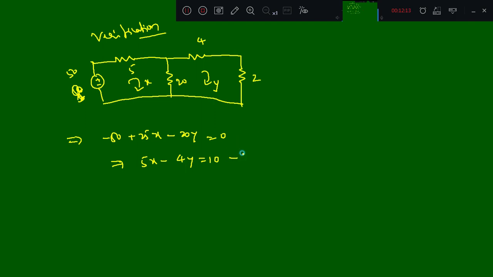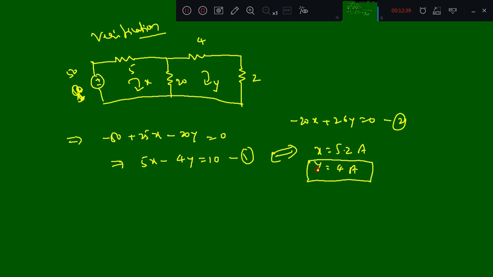This is one equation. The second is minus 20X plus 26Y equal to 0. If you solve these two equations, I get X equal to 5.2 amps and Y equal to 4 amps. So this Y, 4 amps, is nothing but the I which flows through the 2 ohm resistance.